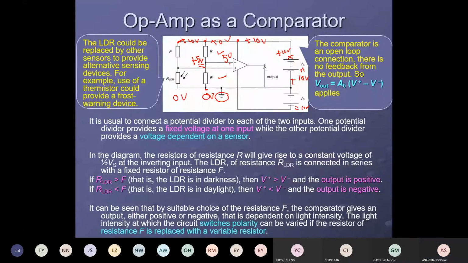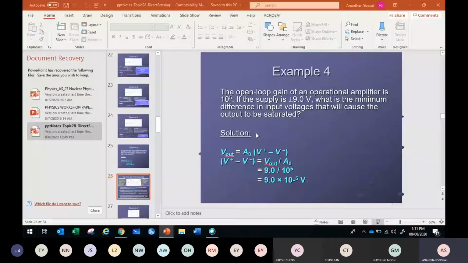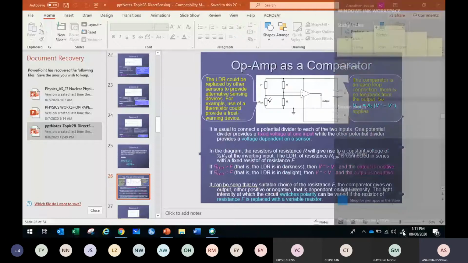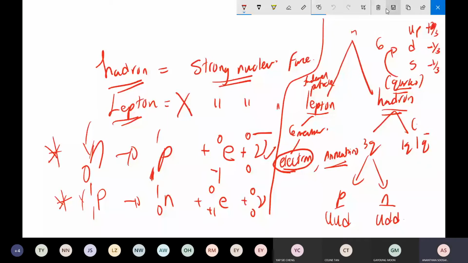Now I just want to put some question here, so I go to the whiteboard, temporarily. Okay, the op-amp.